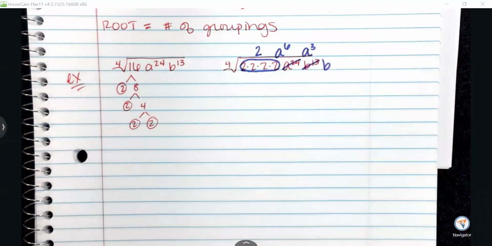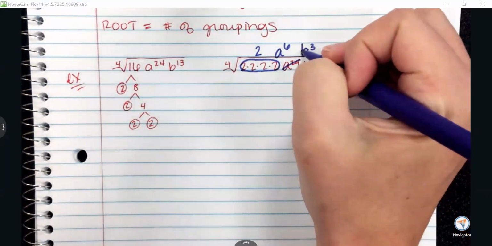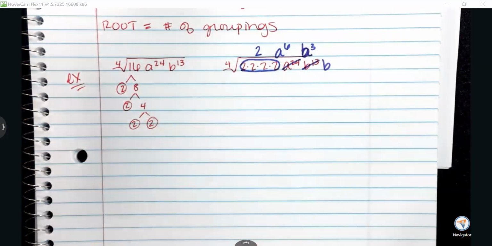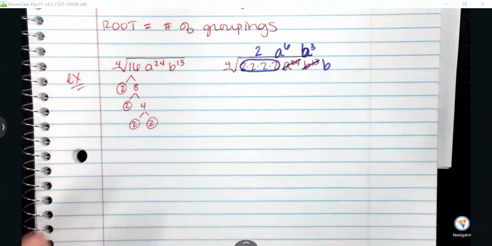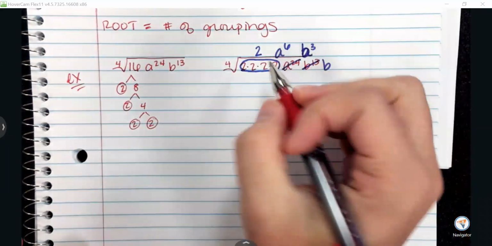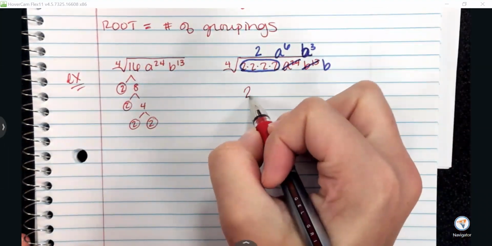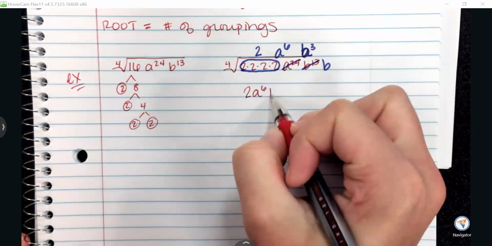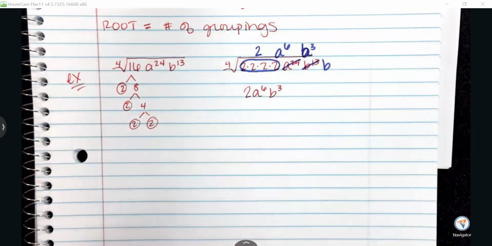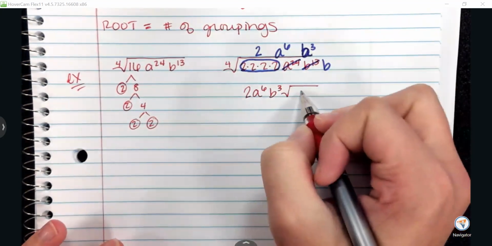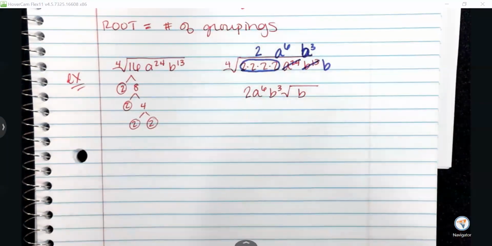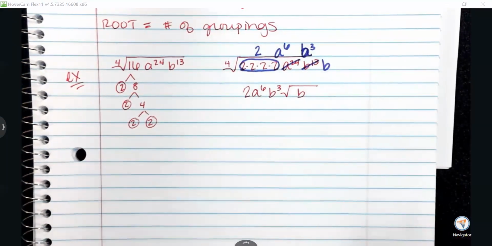Okay. And yes, I have just a B left over. So outside, I have 2, a to the 6, b cubed, with a 4th root of b left over. Look here, this is where you're going to make your mistake.